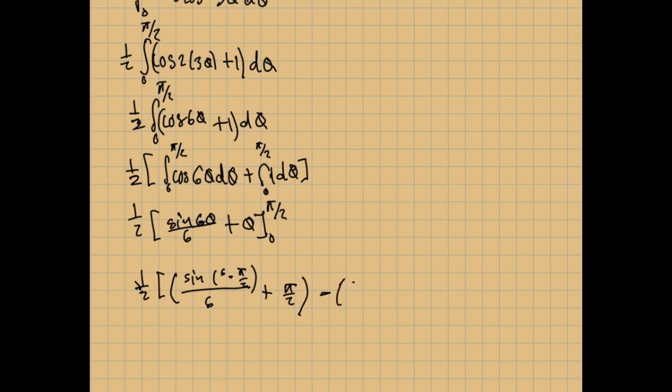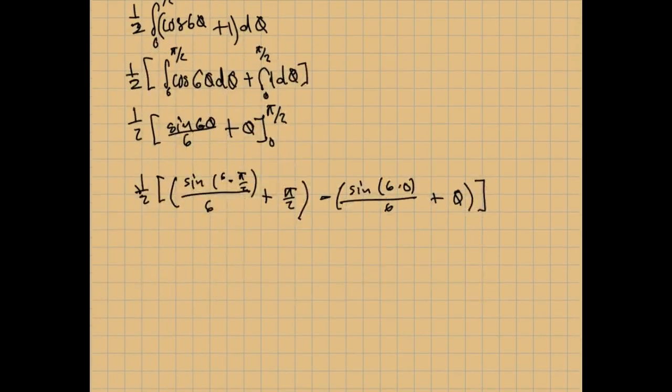Then minus sine of 6 by 0, which is 0, over 6 plus 0. Now this will be equal to half sine 3 pi. So here I would have my values for the angles, or I would have to use my calculation with my angle in radians.